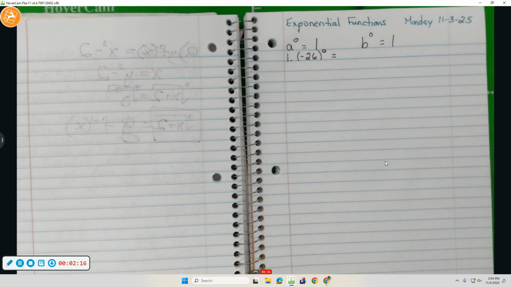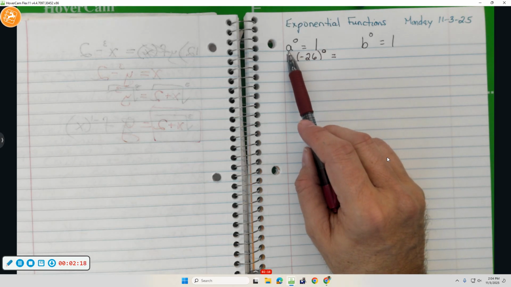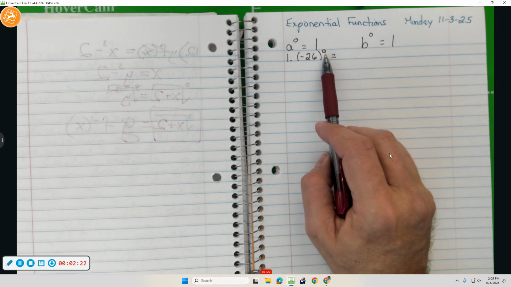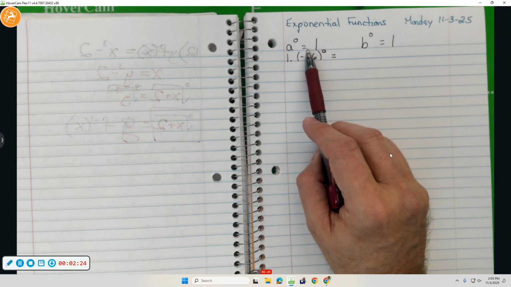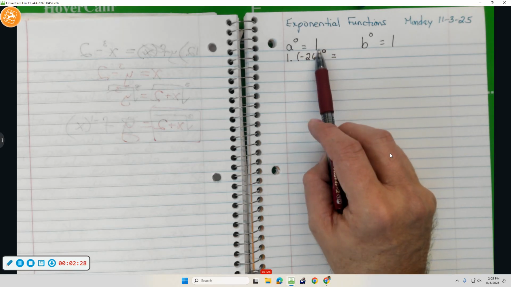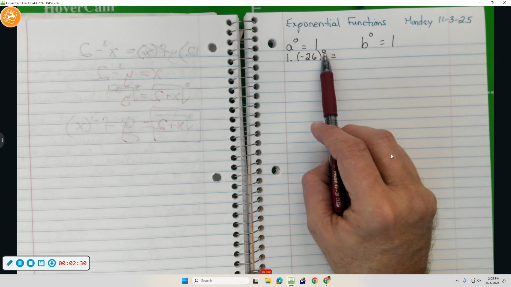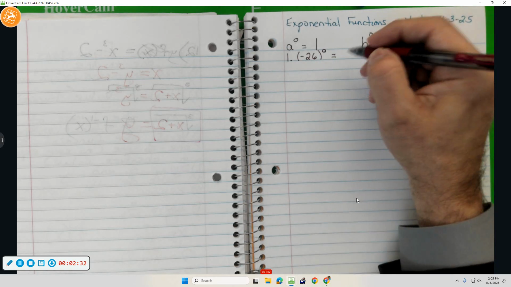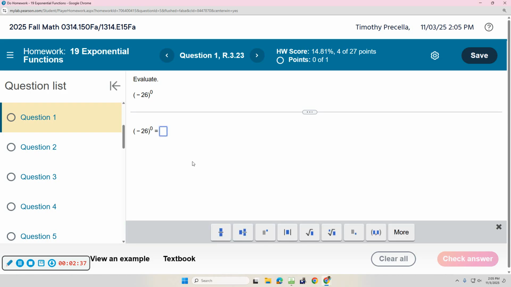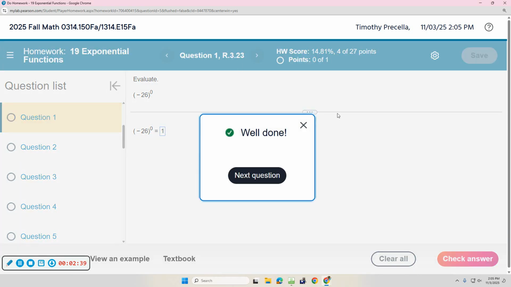Well, our first rule of exponents, anything to the 0 power is 1. So that 0 exponent is applying to all of the negative 26. Anything to the 0 power is 1. Just not a lot of writing to get that answer there.